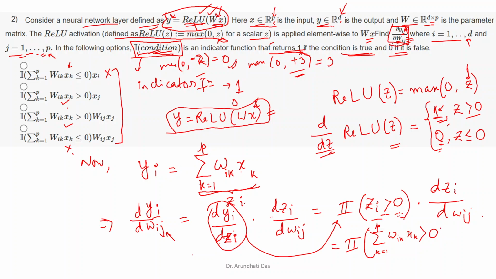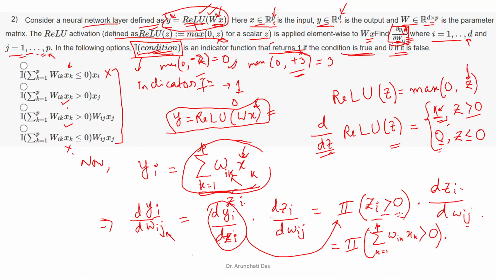So the indicator of summation of wik xk greater than 0, multiplied by, now you see here we are taking the derivative with respect to wij of z. What was z? Z was again this entire portion, right? Here w and x both terms are there, but I need to take the derivative only with respect to wij. So the rest of the terms will be considered as constant or coefficient.